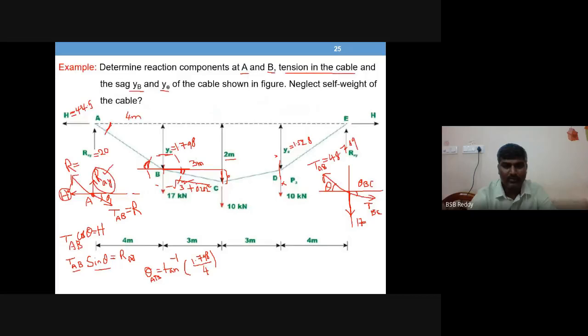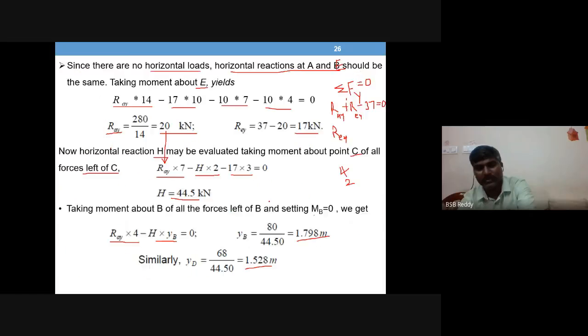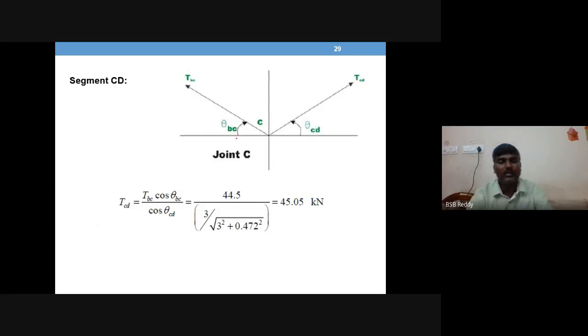If you draw a horizontal line at C, both the cables are above that line. That's why you got this diagram. So TBC and TCD, both the arrows are upwards.